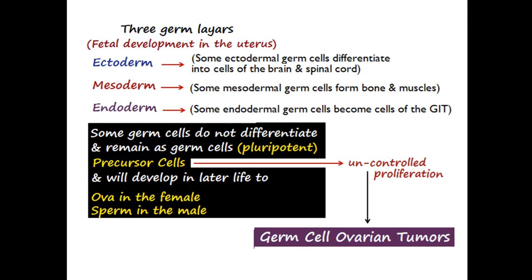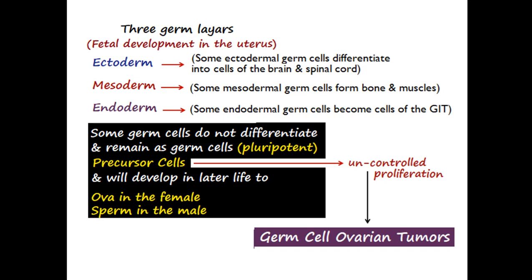For example, some ectodermal germ cells differentiate into the cells of the brain and spinal cord, and some mesodermal germ cells will form the bones and muscles, and some endodermal germ cells will form the gastrointestinal tract. So the whole body tissues are derived from these three germ cell layers.